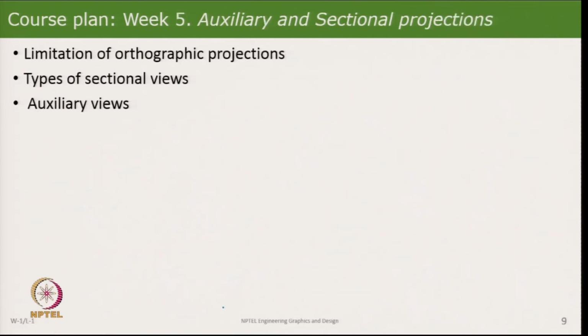That will then take us to another set of topics which are known as auxiliary projections and sectional projections. This need arises because some objects which have a lot of features and are very complex looking, just by showing 3 pictures from different sides or even more from different sides may not be adequate.